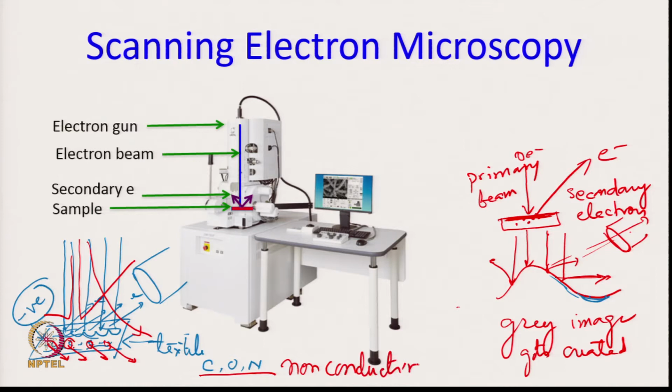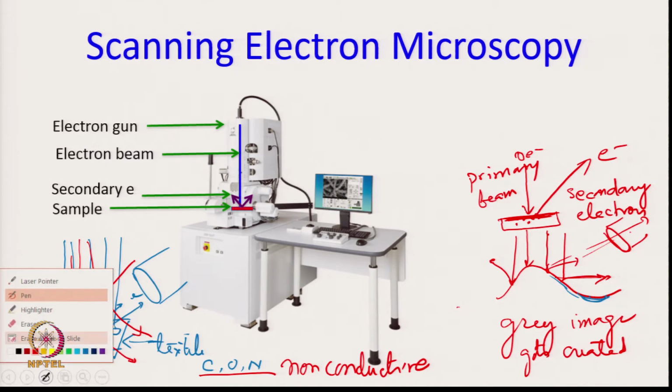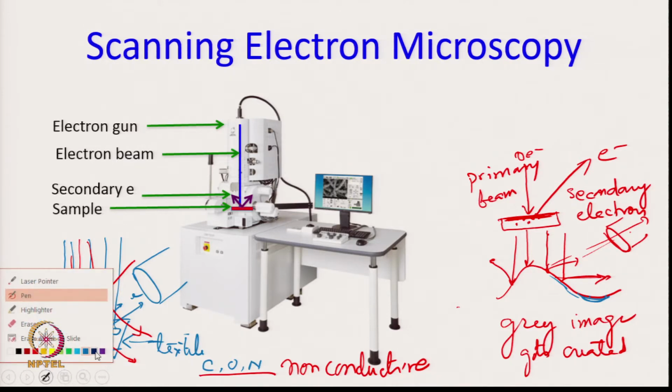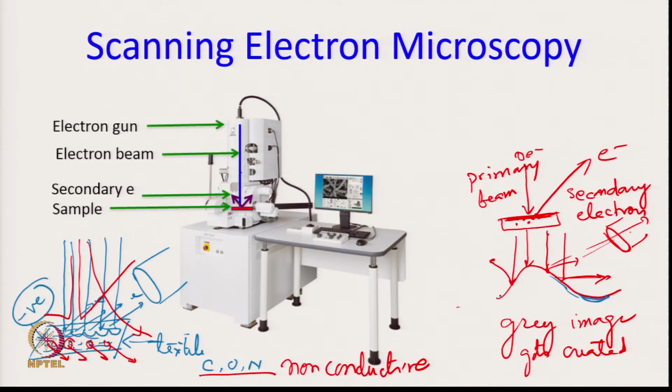So, what I need to do is put a layer of conducting material. I coat my textile or my material with something which is conducting. I make a very thin coating, evaporating say gold, platinum kind of materials, or silver or maybe even carbon, and deposit it on the surface.